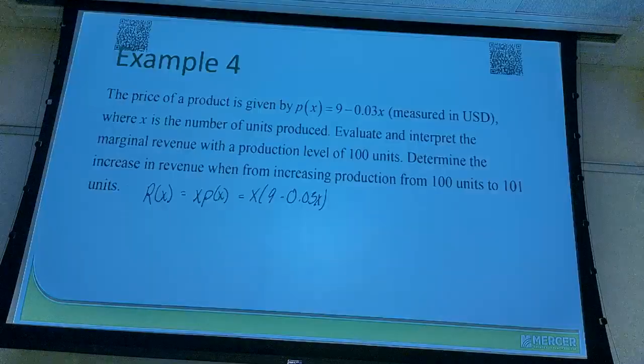Like I said, really obvious. Just the number of units sold times the price for each unit. Now we can calculate marginal. Marginal revenue is that derivative: 9 minus 0.06x.